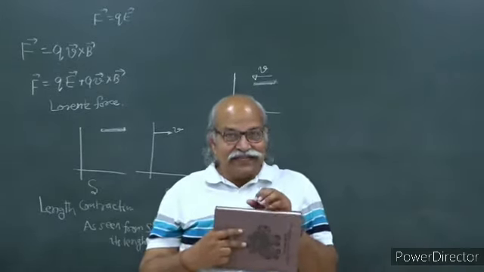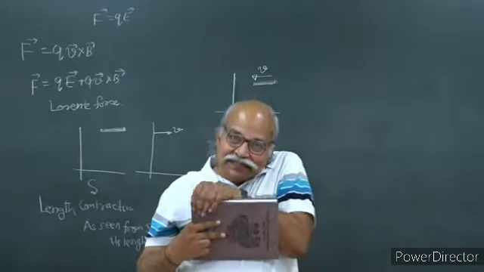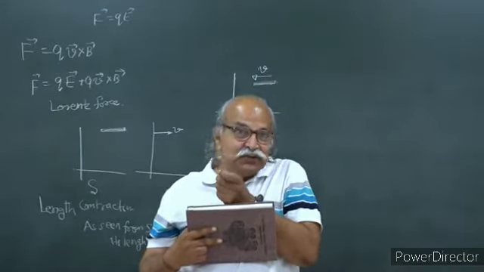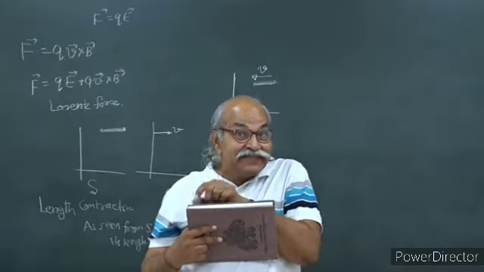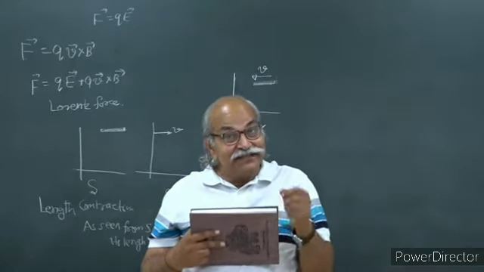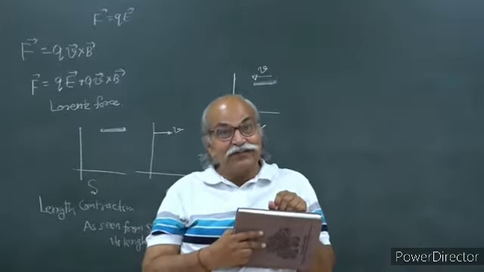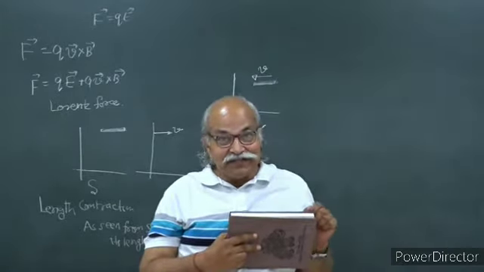Because since it is moving, if you have read this point on the meter scale, and spend some time making a measurement here, by that time it will have moved somewhere else and this reading will be different.